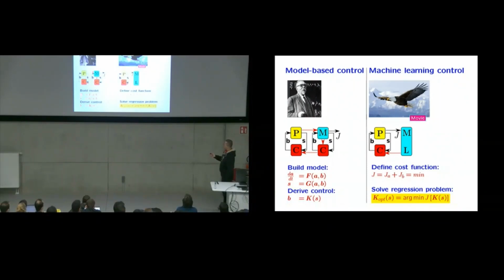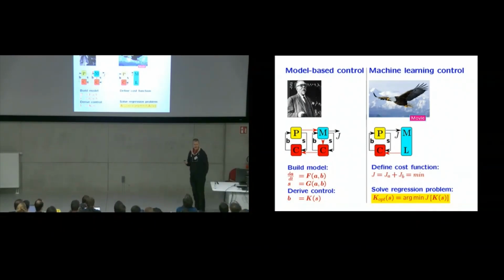Smart trial and error means you try a controller, you measure the performance, you try another controller, and so on. You hope to optimize things with some clever algorithm. In the case of the eagle, it means the death of many eagles and millions of lives of evolution. But you can do it in a way that no animals are harmed.